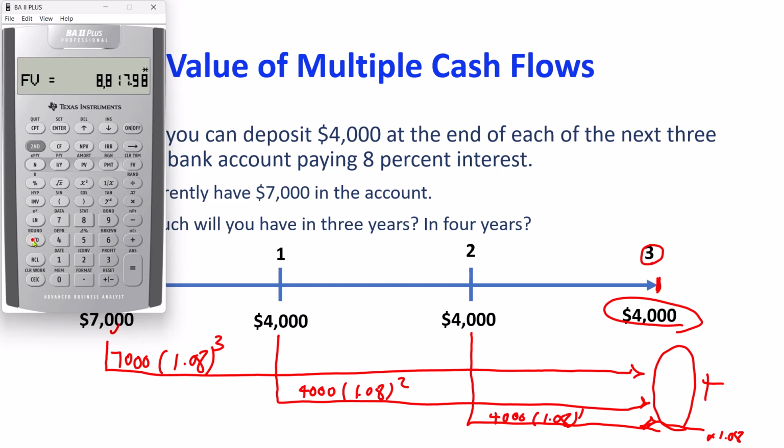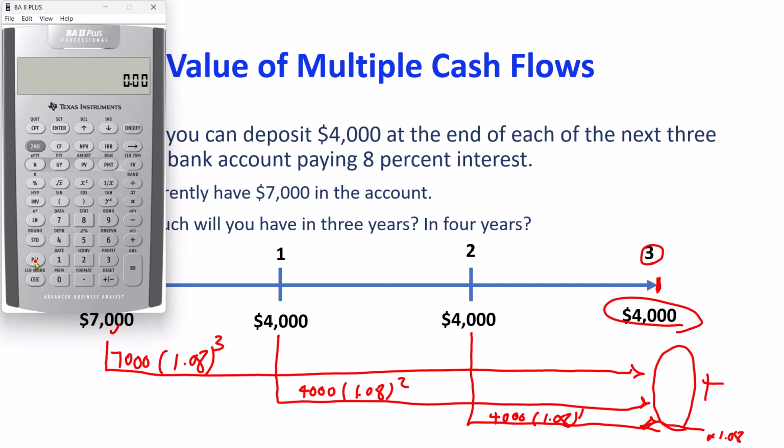So I'm going to save this for later. And then we do 4,000 for 2 years and compute the future value, store it. And then for 1 year, compute the future value and store it here.